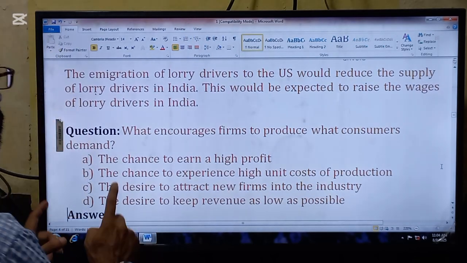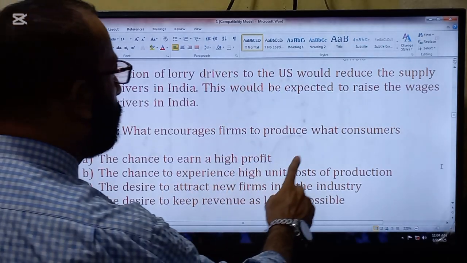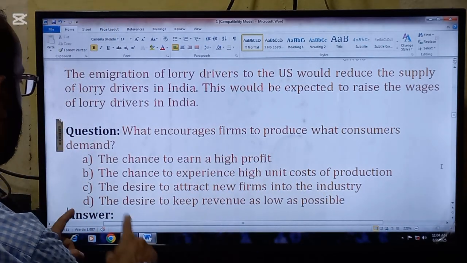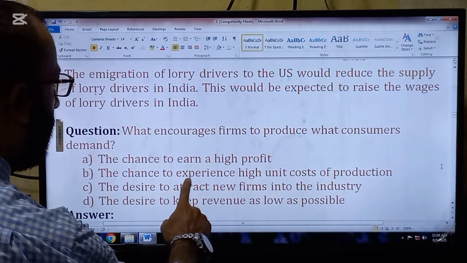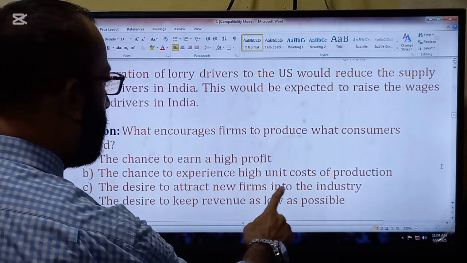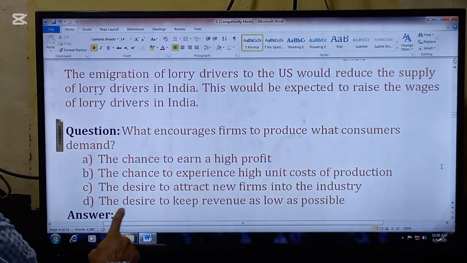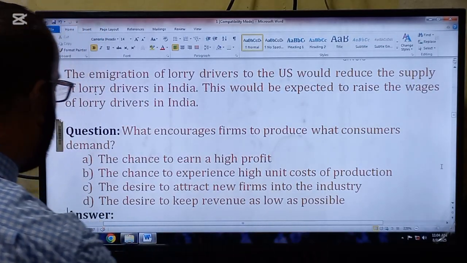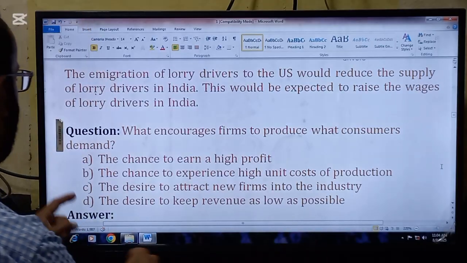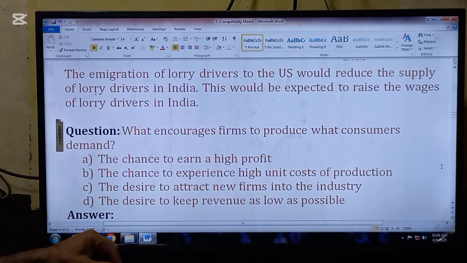Another question is here: what encourages firms to produce what consumers demand? And here are four options. A: the chance to earn a high profit. B: the chance to experience high unit cost of production. C: the desire to attract new firms into the industry. D: the desire to keep revenue as low as possible. So definitely A will be the answer.